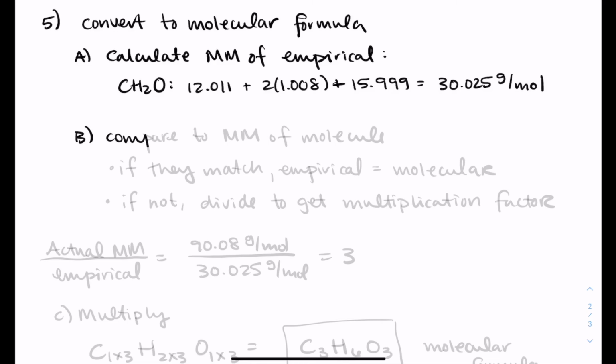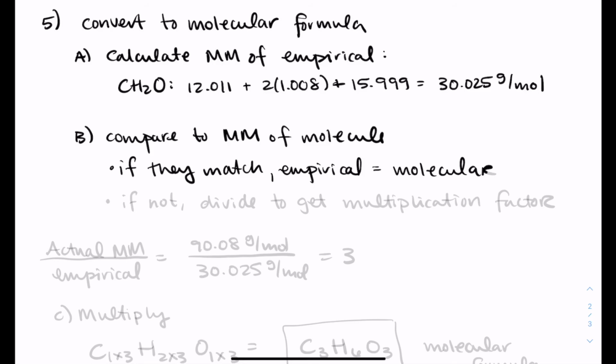Now my full molecule has a molar mass of 90.08, so it's quite a bit bigger. So the comparison, if the empirical formula and the molecule have the same molar mass, then what you have is also the molecular formula. That's not the case here.